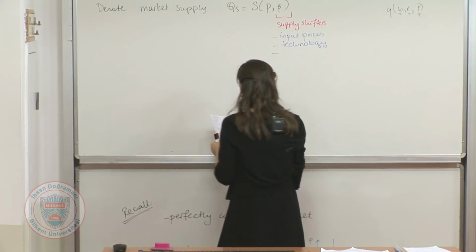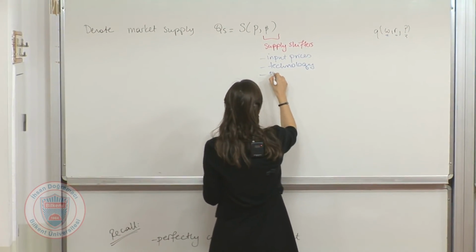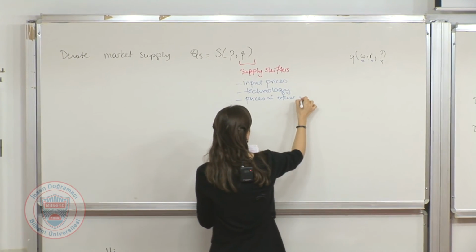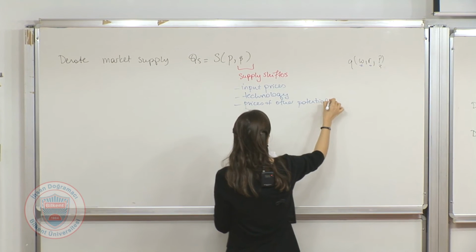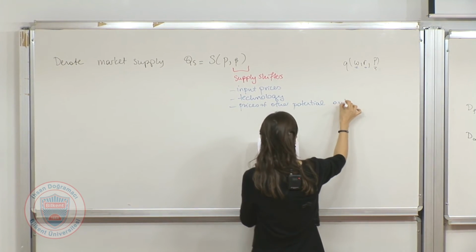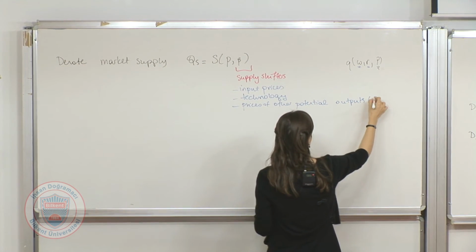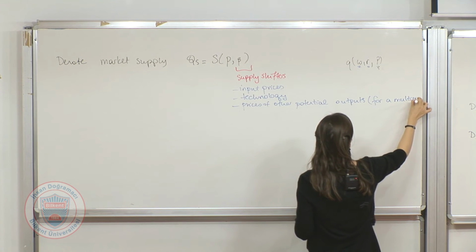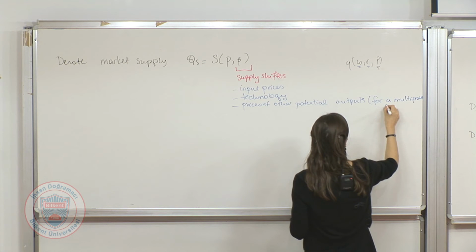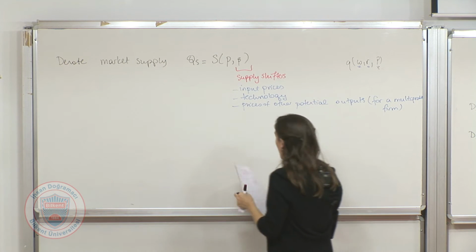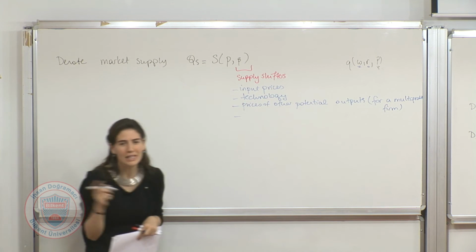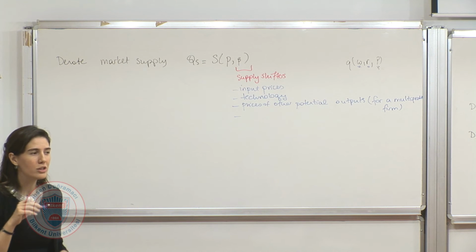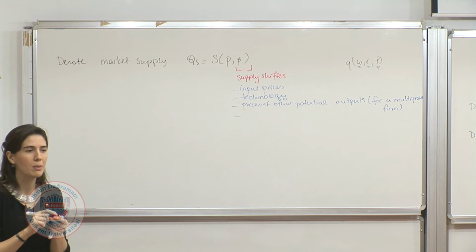So you can put prices of other potential outputs for a multi-product firm. Also, what else? This is important. What will shift your supply?